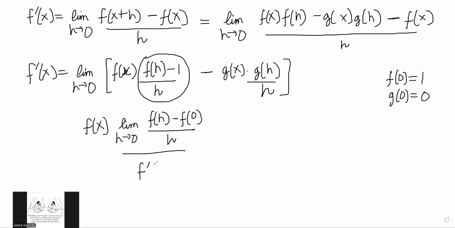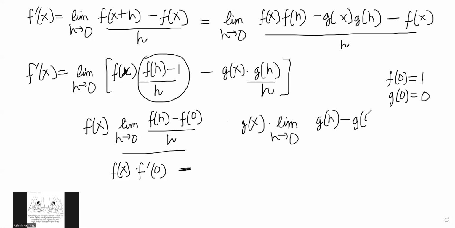So this is f dash 0 by definition. So f of x into f dash 0 minus here we can write g of x into limit h tends to 0 g of h minus g of 0 by h. So this is g of x into g dash 0, right? So we are getting this expression for f dash x.